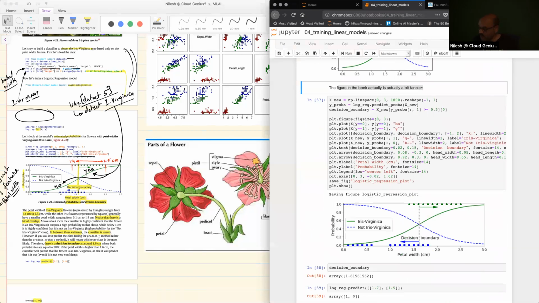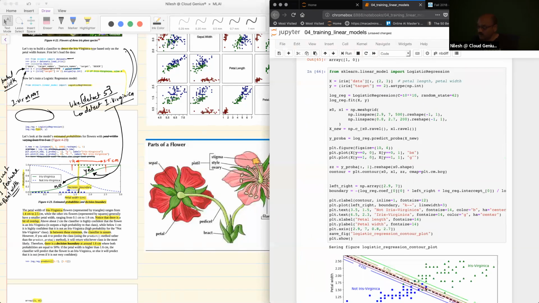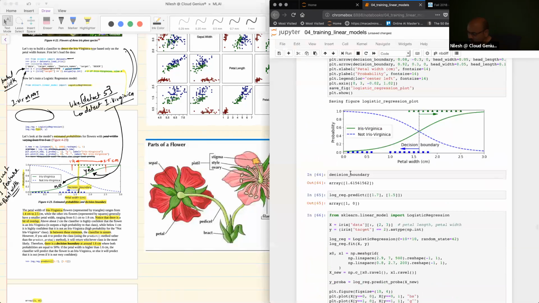I think we'd already discussed that, so we can move forward. Now we are talking about understanding the decision boundary function, which is mathematically calculated as the point on this graph which is the 50% yes or no decision making point. That turns out to be 1.61.